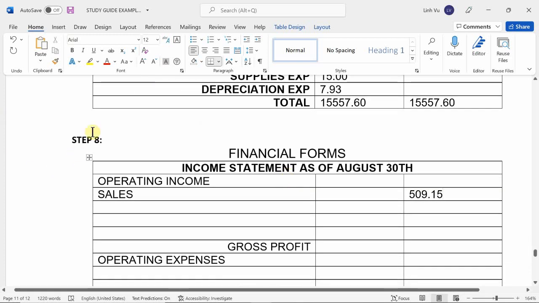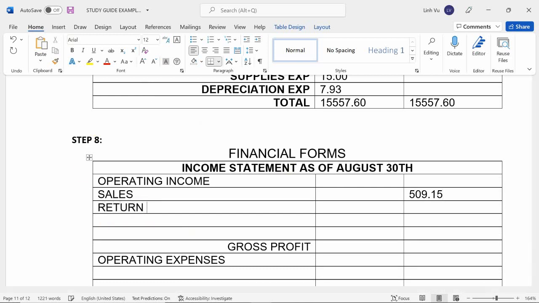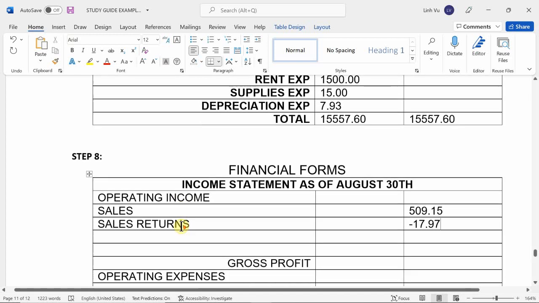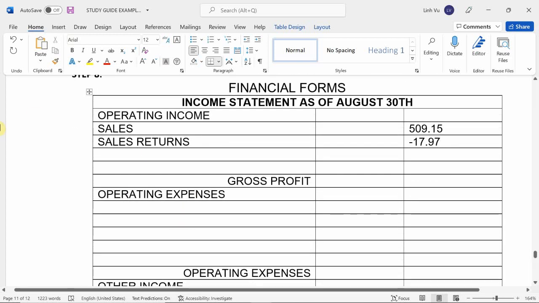But I also had sales returns and allowances, which decreased my sales by $17.97. You also need to counter against that, so if you want to, you can say this is your total sales.